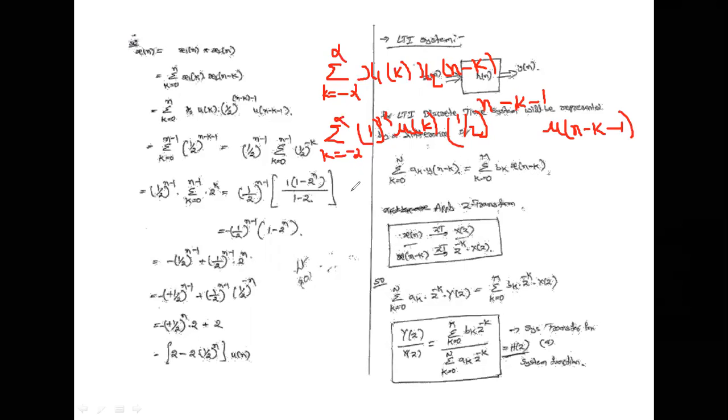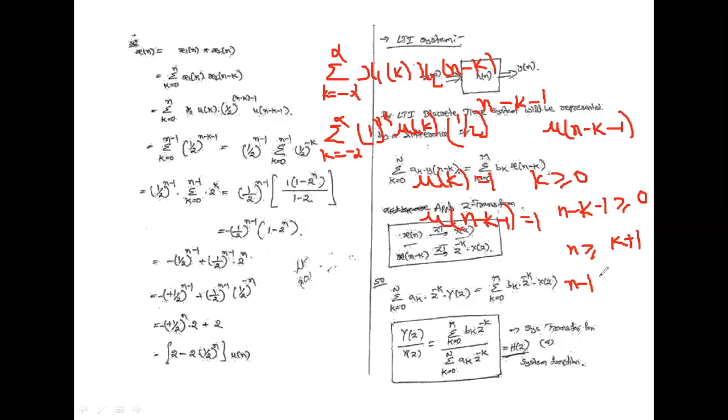What it matters, friends. So mu of k is equal to 1 for k greater than or equal to 0, and mu of n minus k minus 1 is equal to 1 for n minus k minus 1 greater than or equal to 0. So n is greater than or equal to k plus 1, that is, n minus 1 is greater than or equal to k, and k is less than or equal to n minus 1.